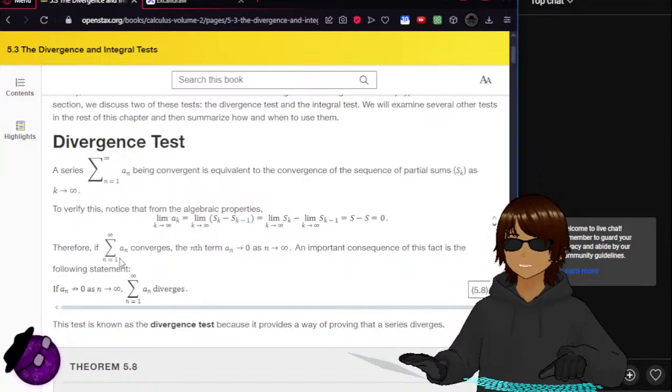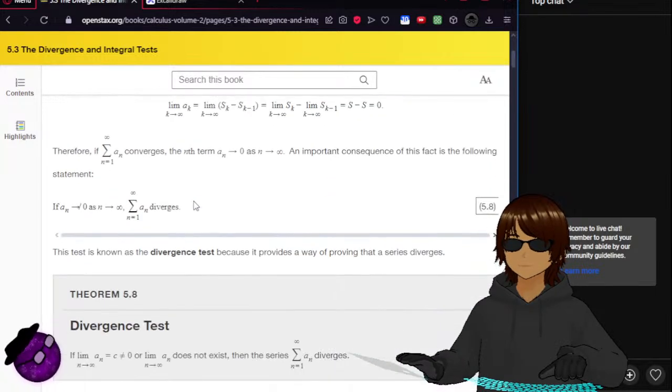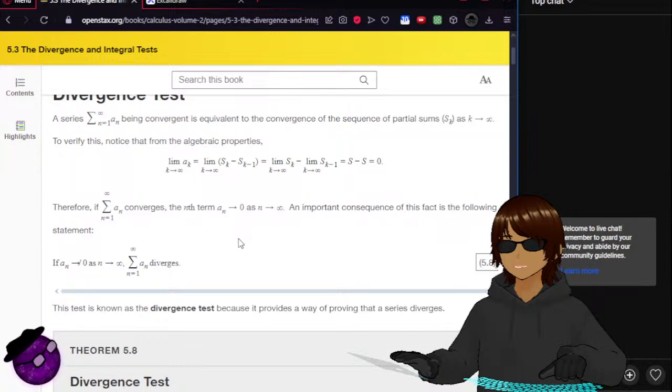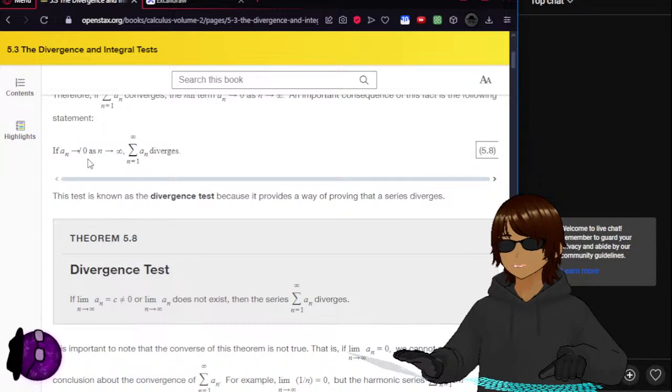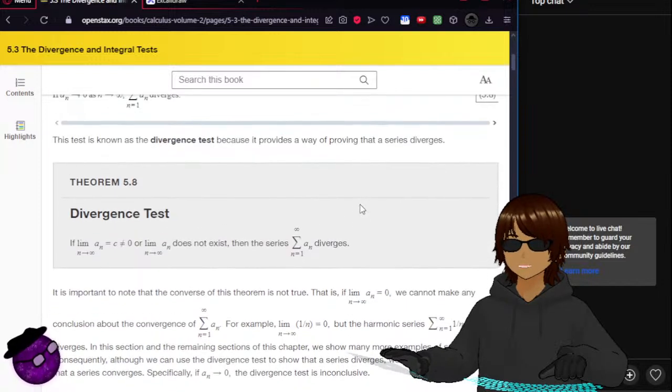Therefore, if the sum converges, the nth term a n approaches 0 as n approaches infinity. An important consequence of this fact is the following statement. If a n does not approach 0 as n approaches infinity, then the sum diverges. This is known as the divergence test because it provides a way of proving that the series diverges.